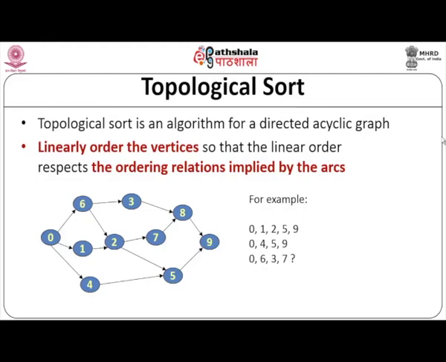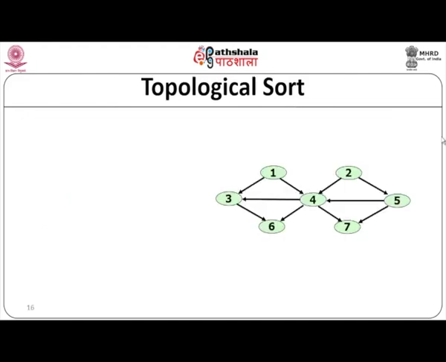We have not covered all the vertices, but 0, 4, 5, 9 is allowed. 9 is a dead end, so you can't go further than that. 0, 6, 3, 7 is not possible because there is no edge between 3 and 7. So, 0, 6, 3, 8, 9 is probably possible. 0, 1, 2, 7, 8, 9 is possible. So, there are different ways in which you can do it. The last, 0, 6, 3, 7, as already discussed, is not possible because you have to have an edge.